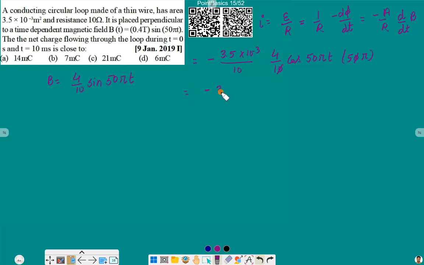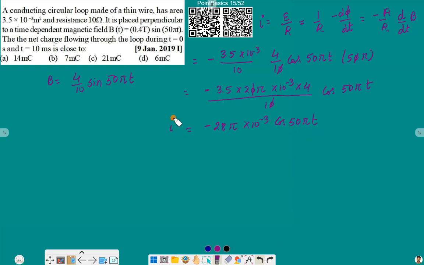So minus 3.5 into 20 pi into 10 raised to power minus 3 into 4 divided by 10 we have here, and cos of 50 pi t. This 10 cancels this. 3.5 into 2 is 7, into 4 is 28. So it will be minus 28 pi 10 raised to power minus 3 cos of 50 pi t.